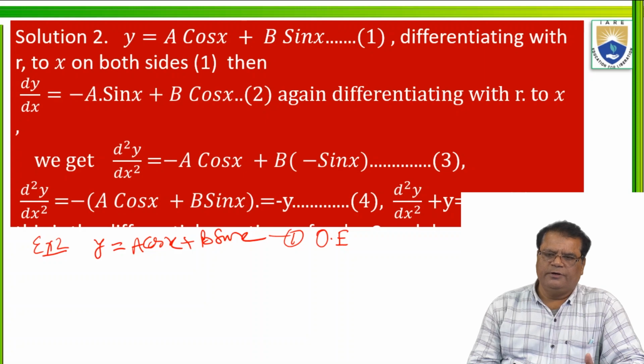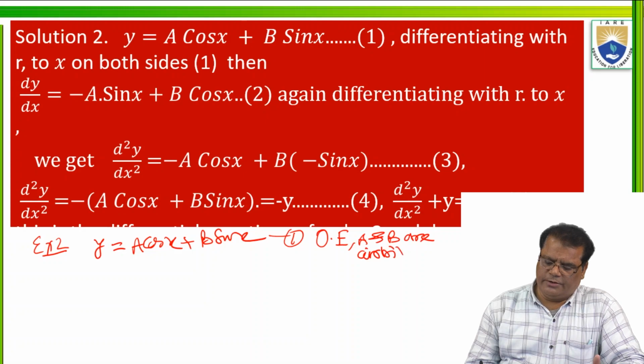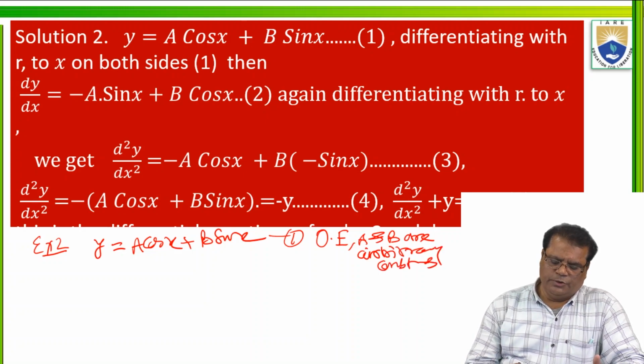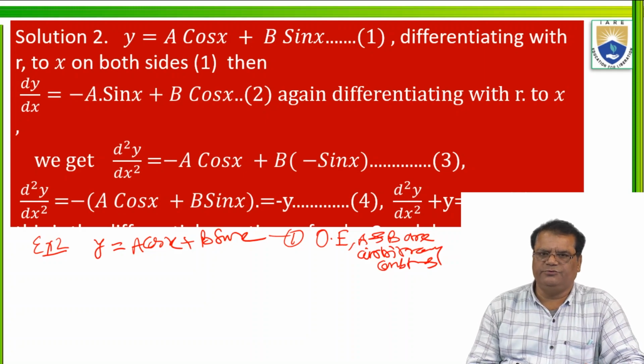From this equation, our target is to eliminate a and b. a and b are arbitrary constants. So now here we differentiate this equation 2 times, then this ordinary equation converts into a differential equation, because here there are 2 arbitrary constants.